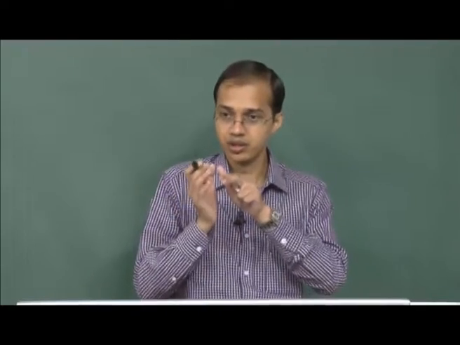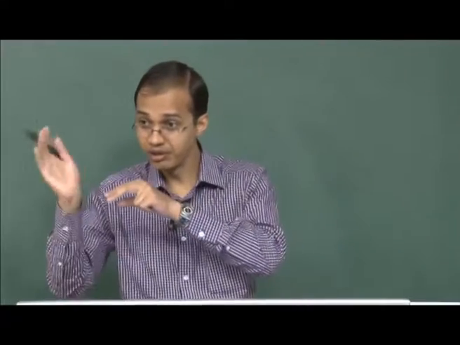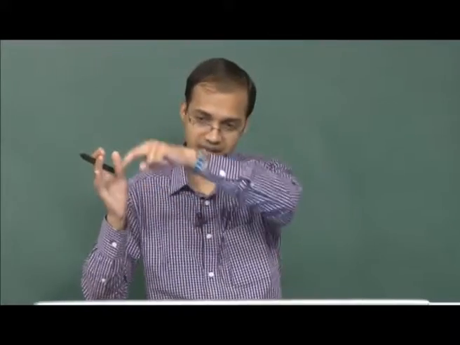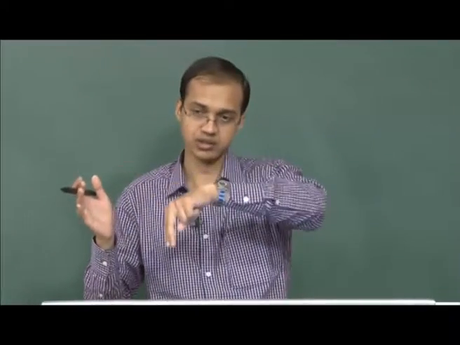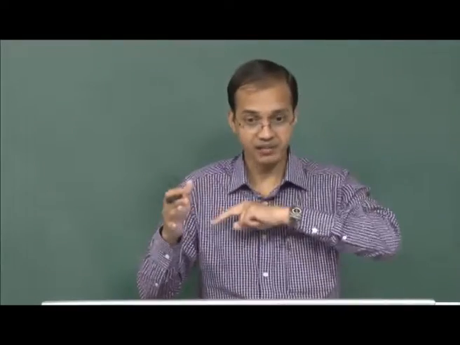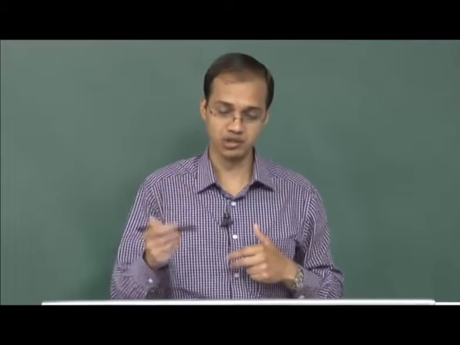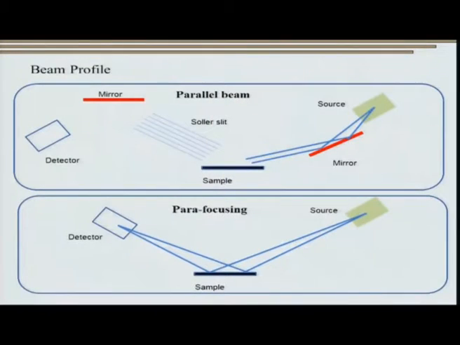Now, using a particular mirror, we have ensured that Bragg's law in the mirror is satisfied and all the X-ray beams are diffracted only in one particular direction. So, this essentially ensures that we are getting a parallel X-ray beam, and this can be used in what is known as a parallel beam geometry.